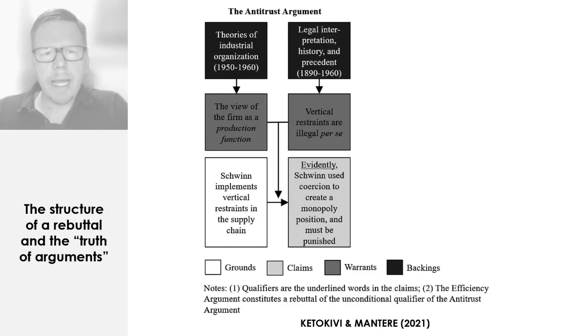Here's another example that Sakumantere and I discuss in our 21 article that can be used to illustrate two important issues regarding argumentation and argument structure. The first point is that rebuttals are arguments unto themselves, and they have to be held to the same methodological standard as the original argument.